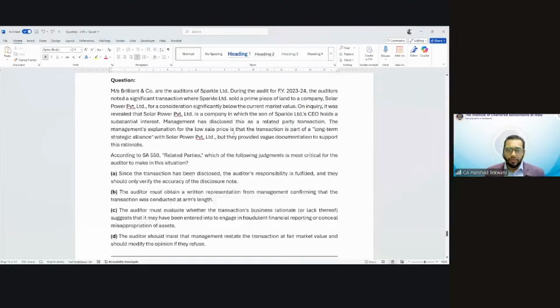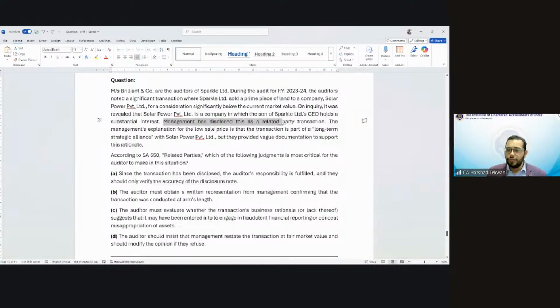Okay. On your screen, you have an MCQ. I will read it. Messrs. Brilliant and Company are the auditors of Sparkle Limited. During the audit of 23-24, the auditor noted a significant transaction where Sparkle Limited sold a prime piece of land to a company called Solar Power Private Limited for a consideration significantly below the current market value. On inquiry, it was revealed that Solar Power Private Limited is a company in which the son of Sparkle Limited's CEO holds a substantial interest.